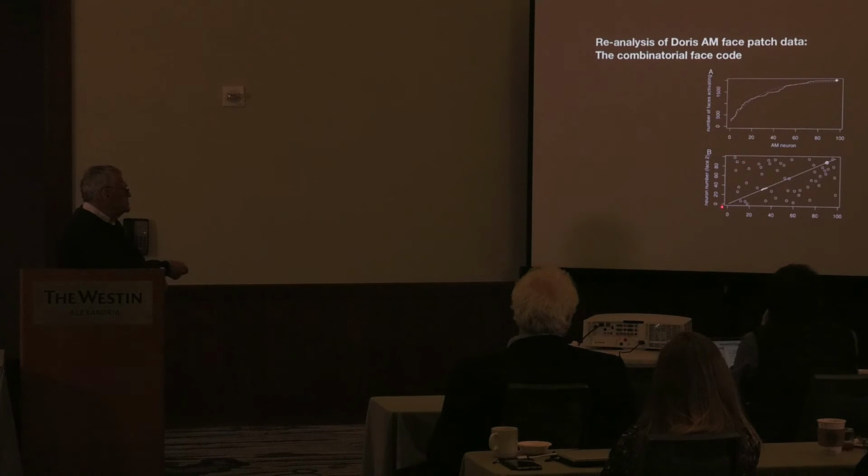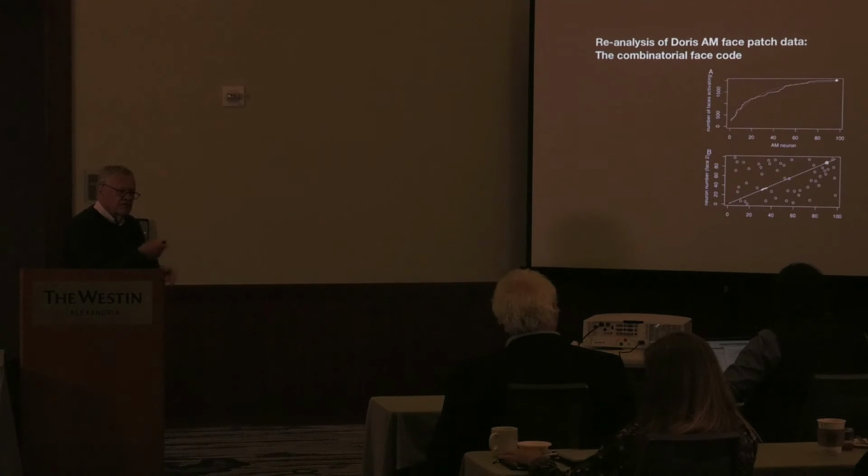And this is just 2 particular faces. This is face 1 and face 2, and I just plotted how fast each neuron fired for the pair of faces. And this just shows that they're all scattered around. They don't repeat each other very much.